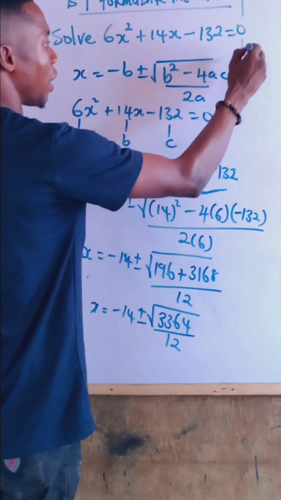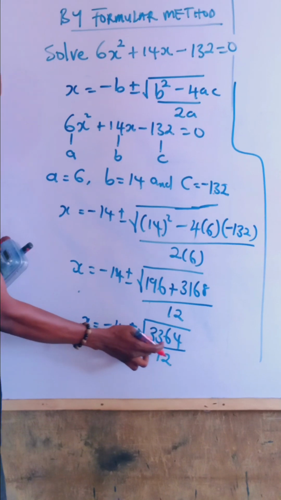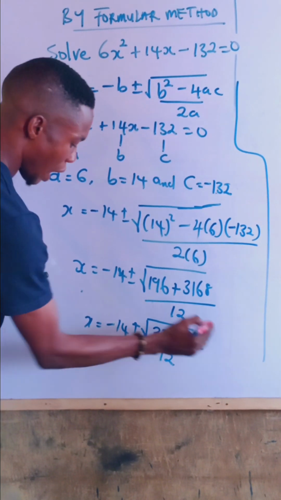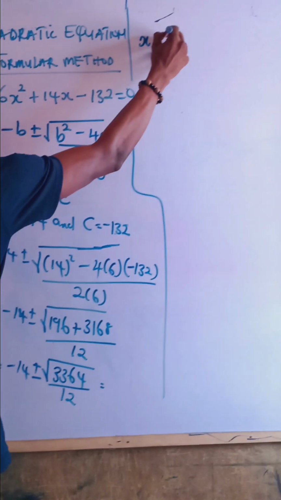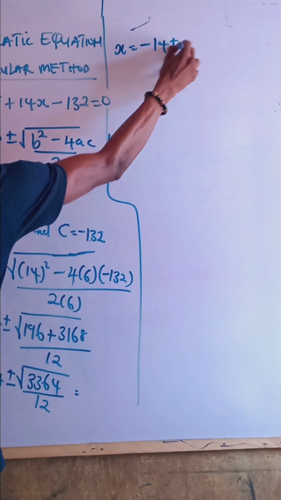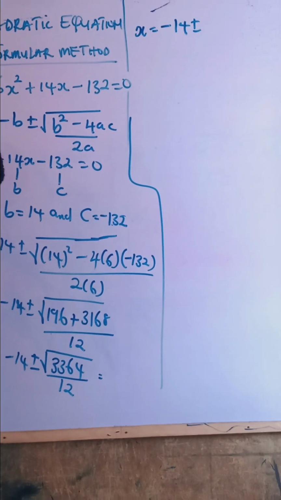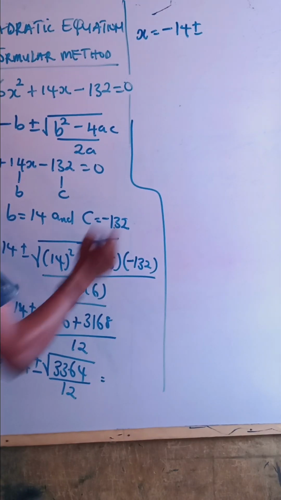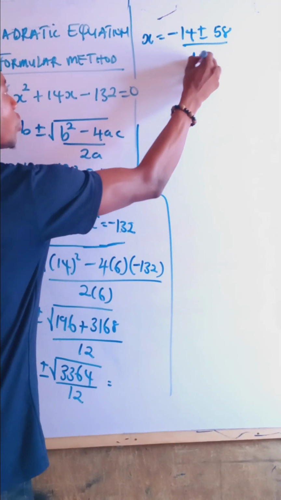After that, we will find the square root of 3364. And of course, s is equal to minus 14 plus or minus the square root of this, which is given as 58, all over 12.